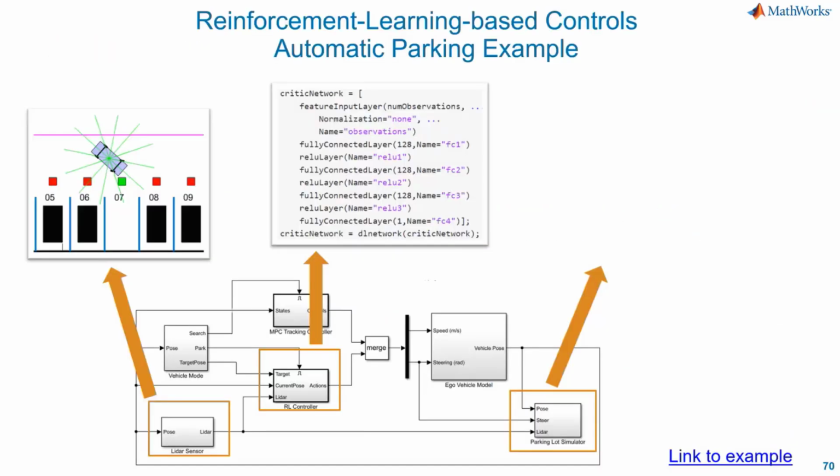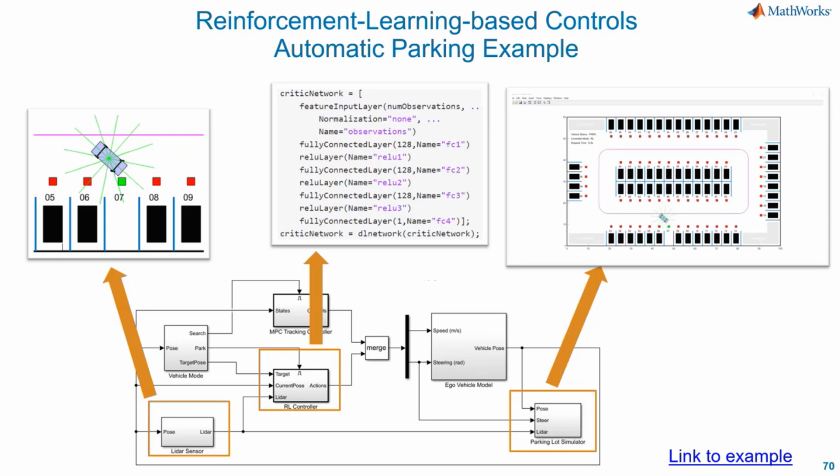As you can see, we have the ego vehicle model, we have the sensor model, and we have the reinforcement learning or the MPC tracking controller, right? And then we visualize it, and it works.